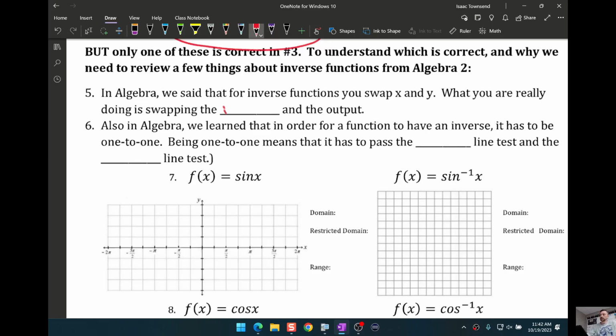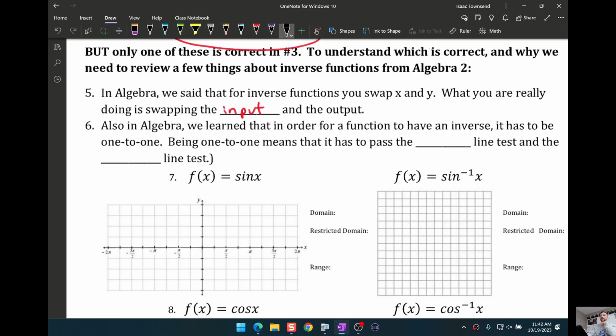But what you're really doing is swapping the input with the output. So most of the time in algebra, when you're talking about inverse functions, you switch x and y, because x is your input and y is your output. For us in trig, we are swapping the angle with the ratio. The angle was the input, the ratio was the output. Now that has been switched.